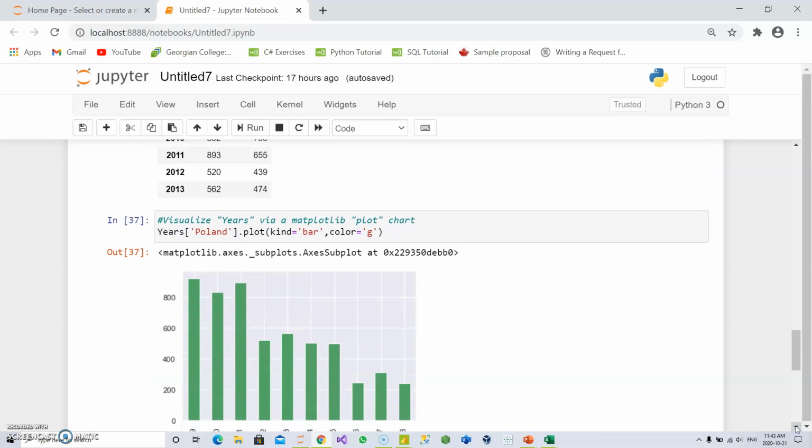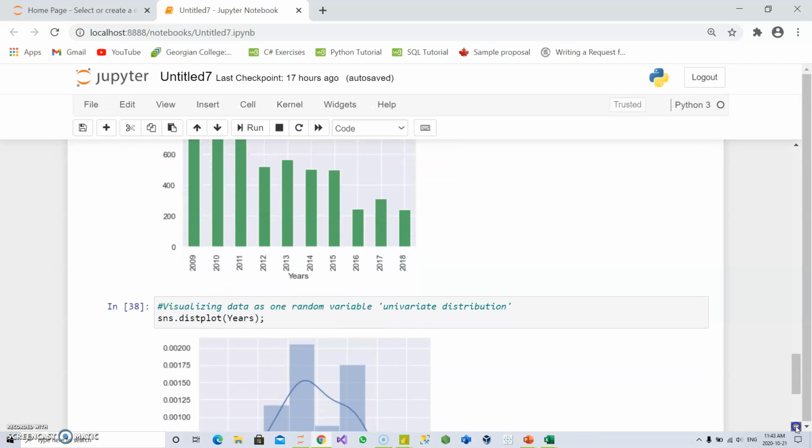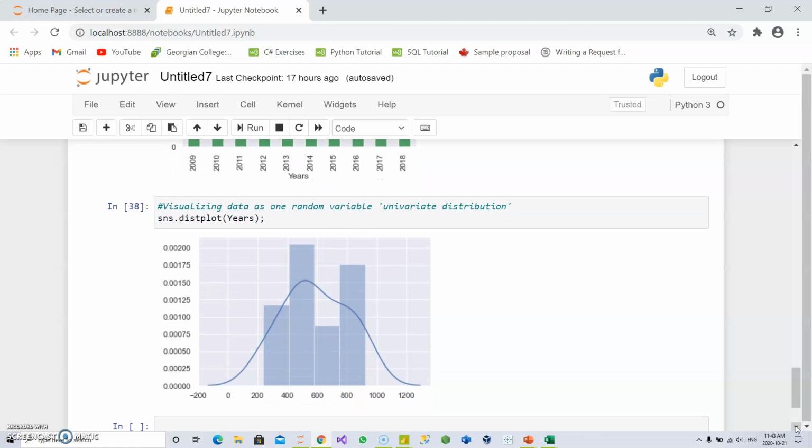Then for the visualization part in Jupyter Notebook, I have used a Matplotlib plot chart, which represents Poland's data during the year. Also, I have used another graph to show the univariate distribution with the sns.distplot function, which describes the univariate distribution of the data, which comes to the center at the top.